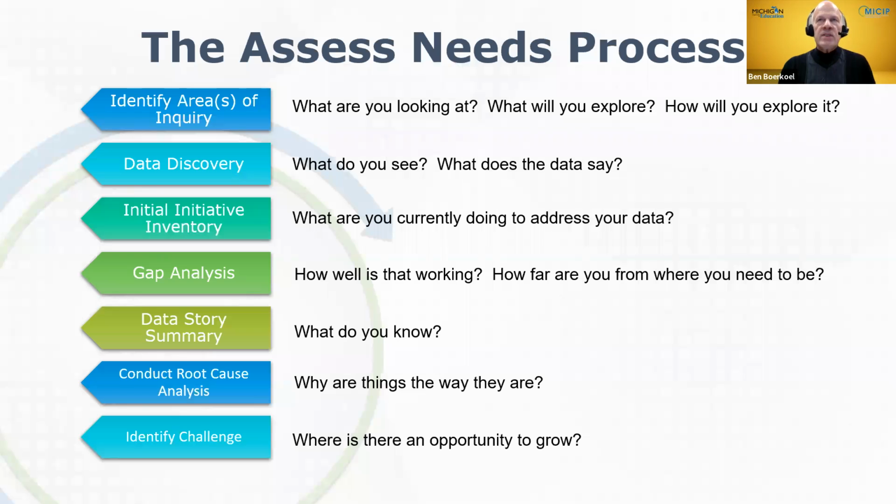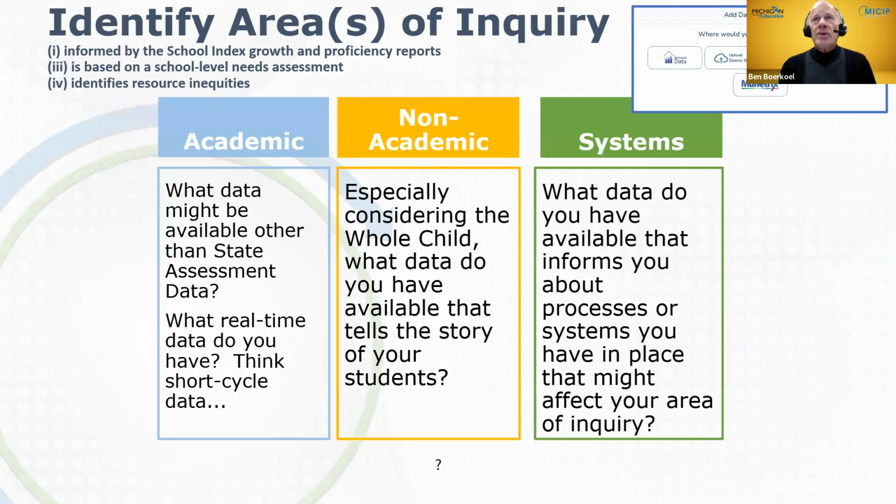And on the previous slide, we indicated how those 3 ESSA requirements are met as part of the assess needs process. So in terms of the area of inquiry, we encourage districts and schools to look at data from a number of different lenses.